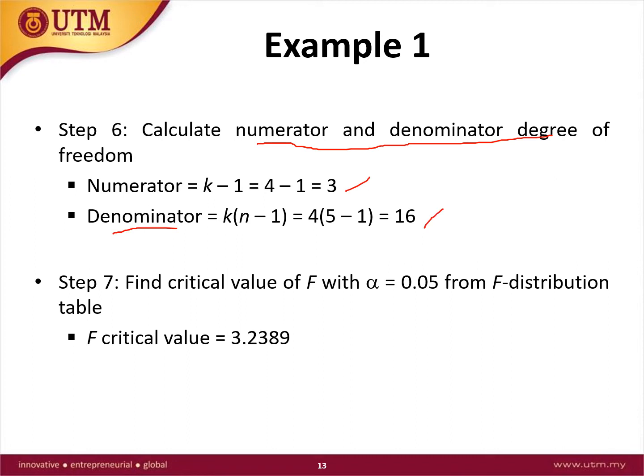Then find the critical value at the significance level 0.05 by using the F distribution table. The critical value of F is 3.2389.